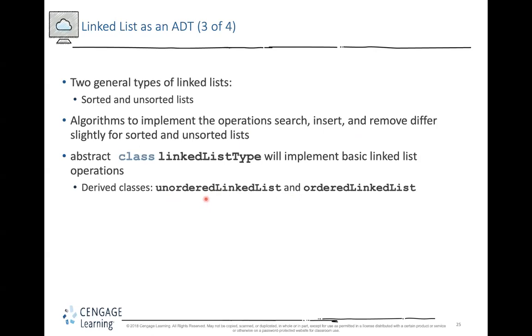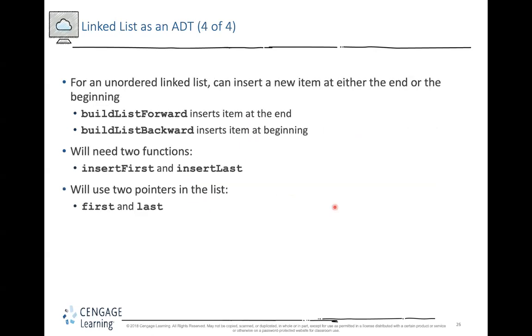So that one is unordered, another one is ordered, or sorted or unsorted is the same thing. So for an unordered list, when you insert a new item at the beginning or at the end, you just basically insert the item at the end or the beginning when you're building the list up.